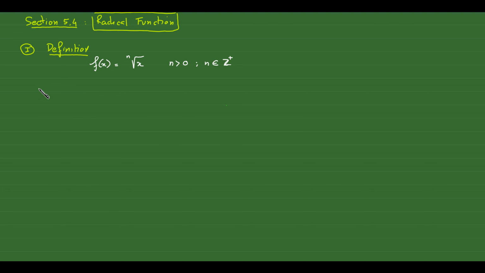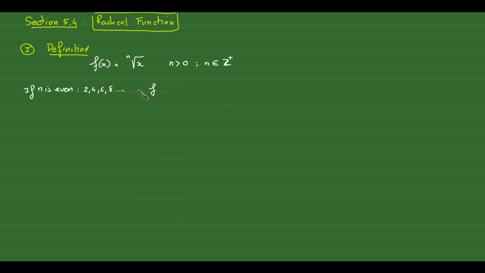So if n is even, for example n equal to 2, 4, 6, 8, then one of the typical examples of the radical function when n is even is the square root function.